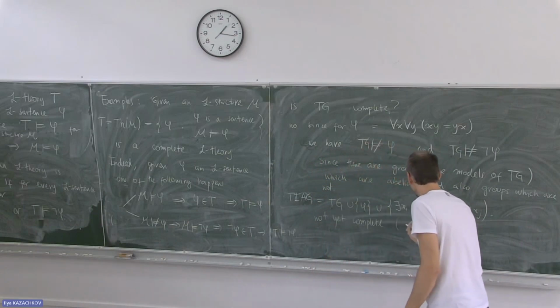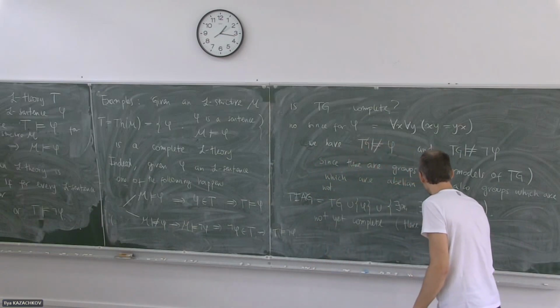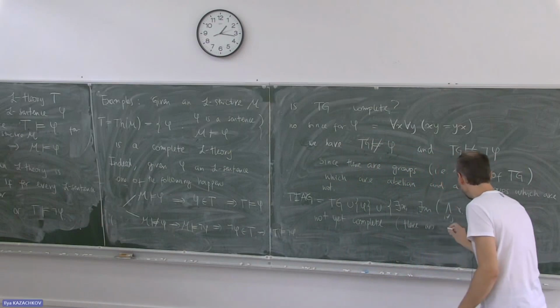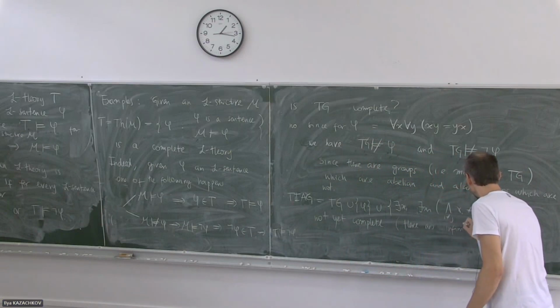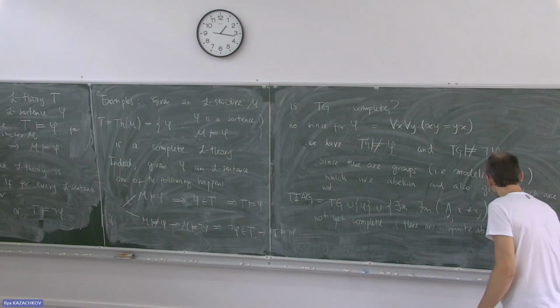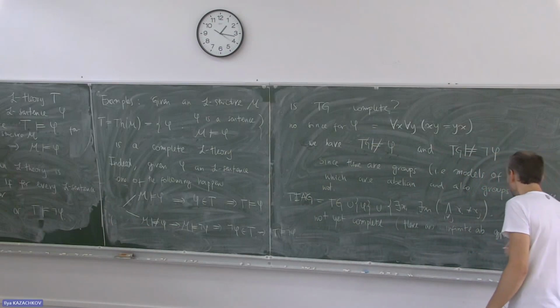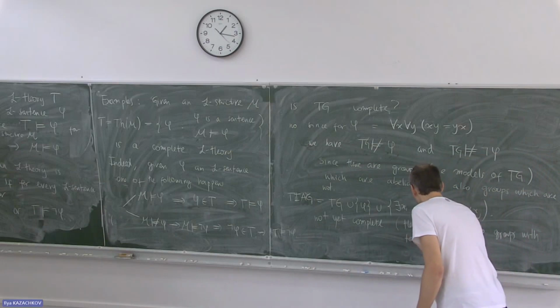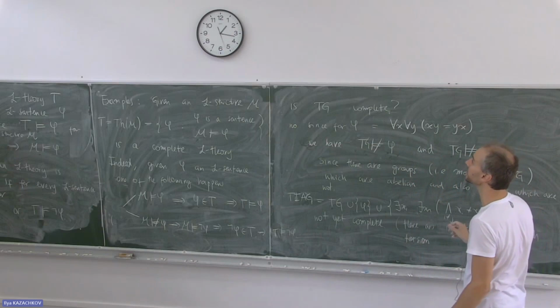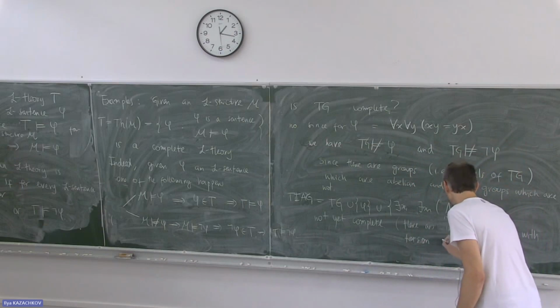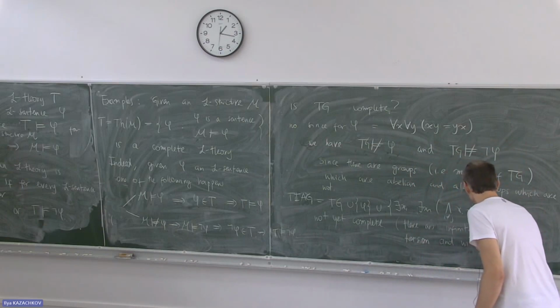Right, since there are infinite abelian groups with torsion and without. And torsion can be expressed, right? Let's be a little bit more precise with this and express torsion.